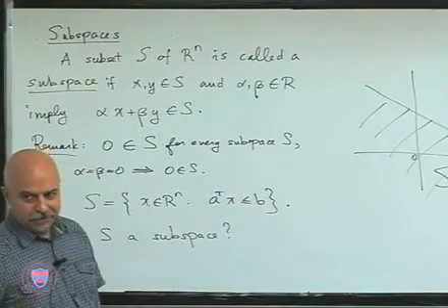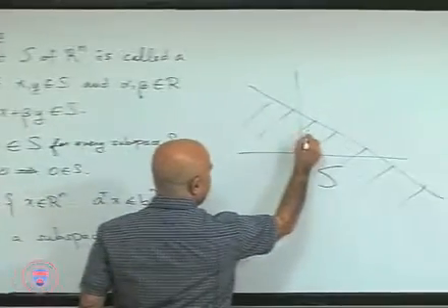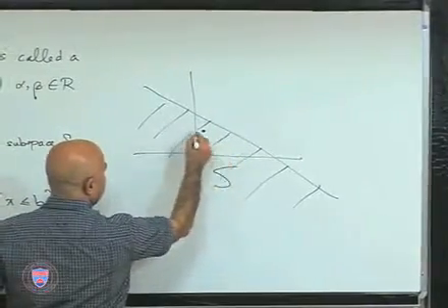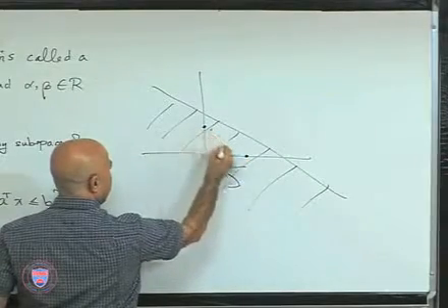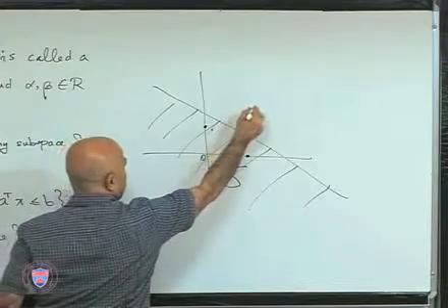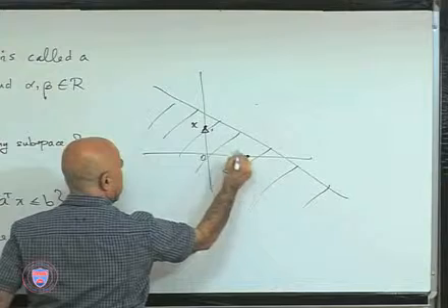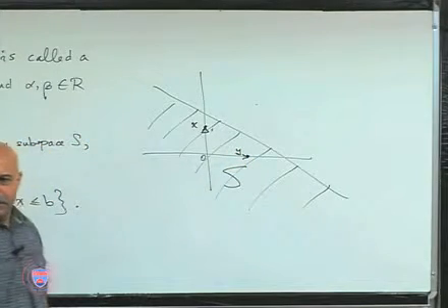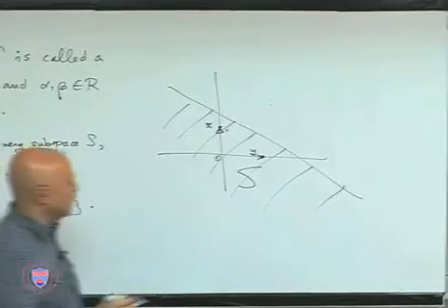Why? You can take two vectors there, on the x and y axis maybe, and you can form a linear combination which is above the line. Over here somewhere. I see. You can pick this to be x, pick that to be y, for example, and you take just some positive alpha and positive beta.